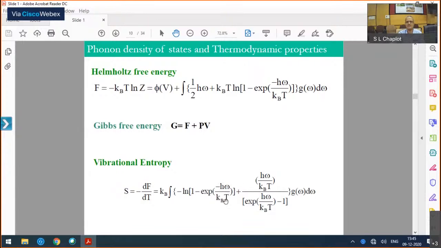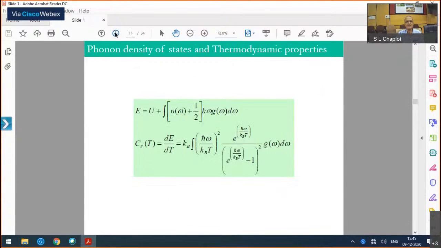Again, h should have been h cross. Okay, then you can also write the total energy of the crystal. So don't confuse it with the neutron energy transfer. We are talking about lattice dynamics. The total energy of the crystal is the potential term plus the phonon term.